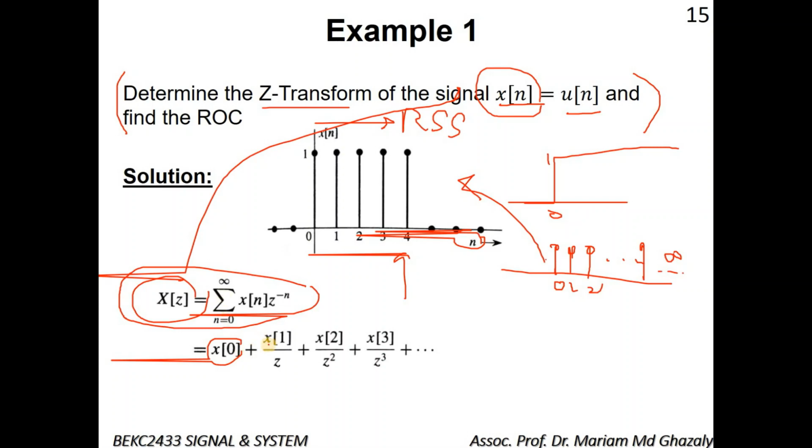Plus, because this is a summation, you substitute the next n value: x[1] z^(-1) equals 1 times z inverse, that is 1 over z. Plus x[2] z^(-2), which is 1 over z squared, plus and so on. So you get this equation.